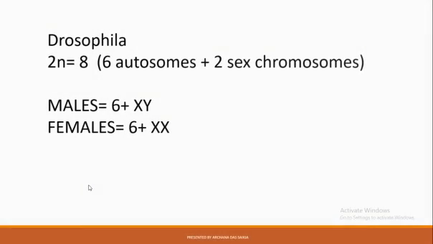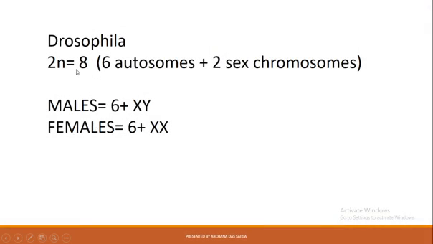Now, a little bit about Drosophila. Drosophilas are diploid organisms. The diploid number is 8, out of which 6 are autosomes, which are common for both males and females, the same type of chromosomes, carrying different types of genes, which represent the different characters that they have. And they also have 2 sex chromosomes.